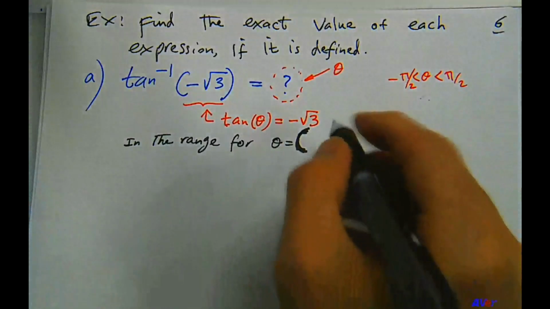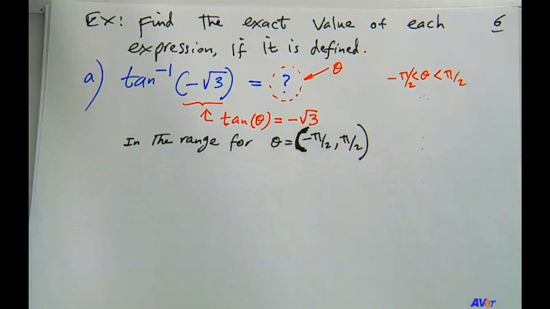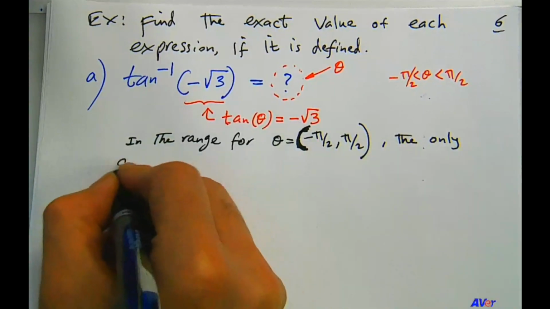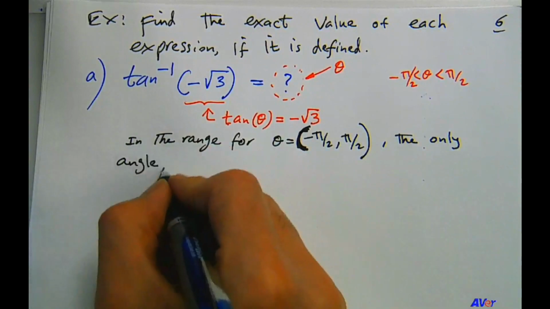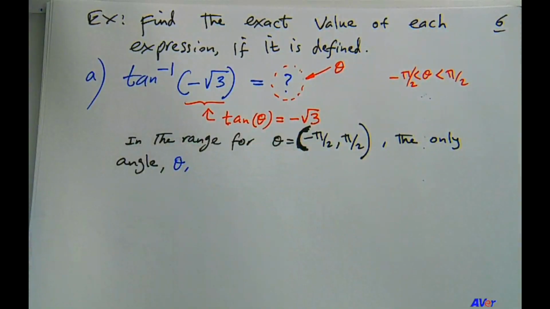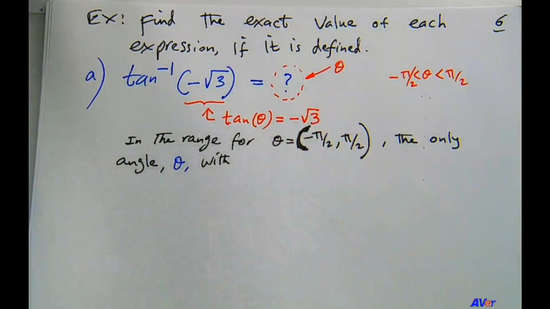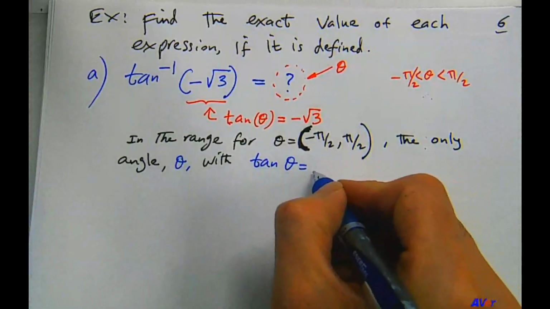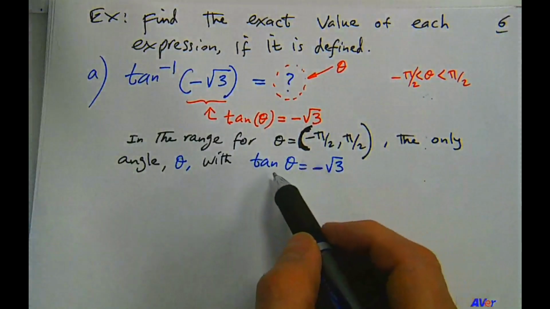In that range of negative pi over 2 comma pi over 2, parenthesis, the only angle with tangent of theta equals minus square root of 3, right?